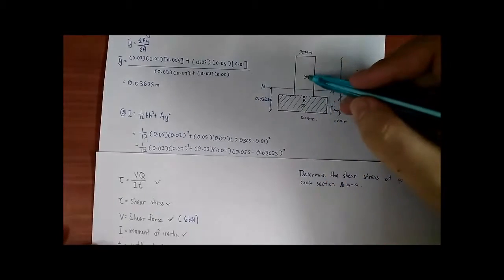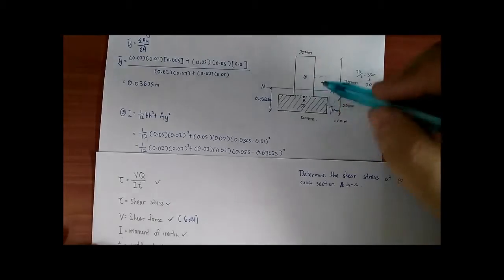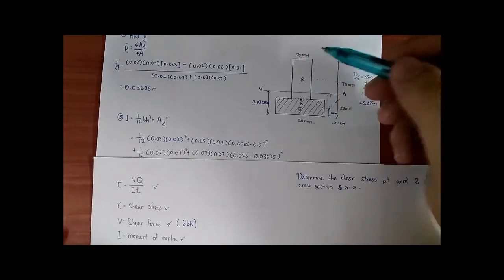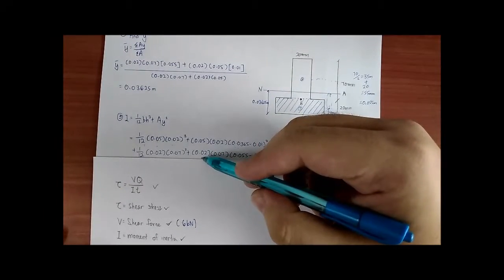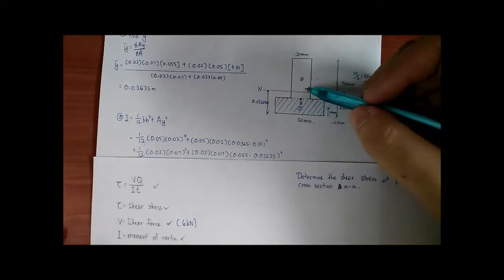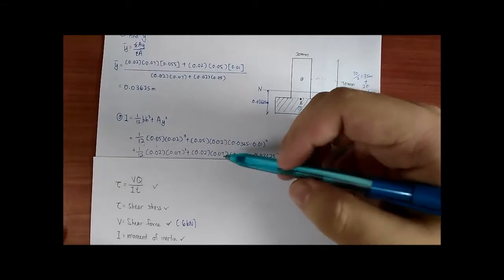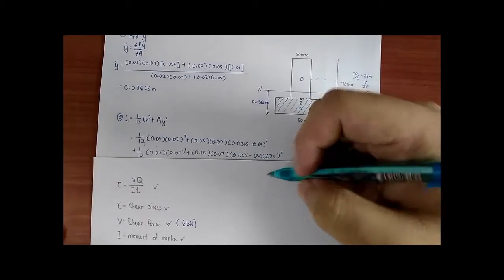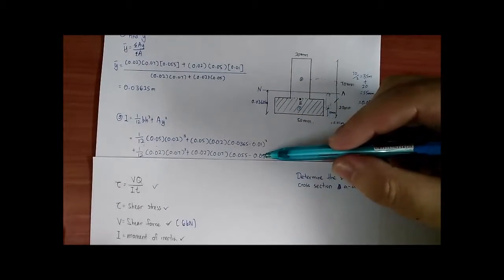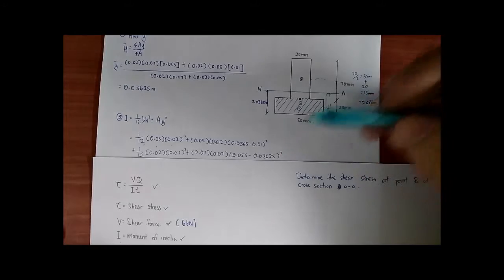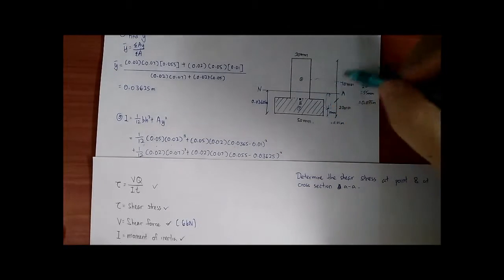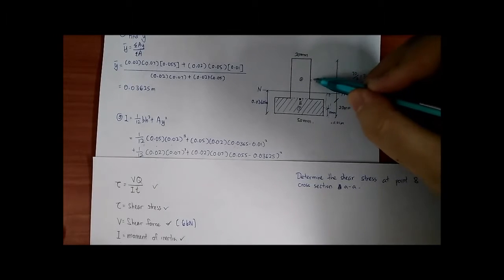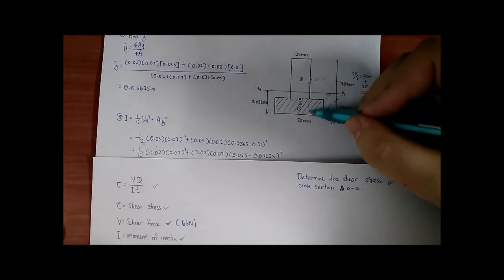Okay, for section 1, it's 1 over 12 multiplied by 0.02 multiplied by 0.07 cubed, plus 0.02 times 0.07, the area, multiplied by 0.05 minus 0.03625. The centroid of this shape is 0.05, which we calculated just now, from here until here.